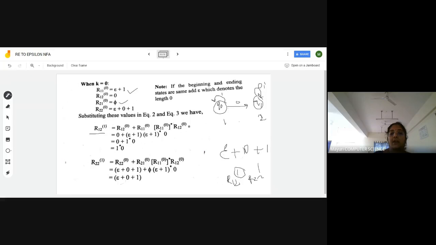Don't ask me again why this has come. It has come because of the R_ij^k formula, which was told to you in Kleene's theorem. So R_12^0. What is 1 to the power 0? Phi. Plus R_11^0, epsilon plus 1, into epsilon plus 1 the whole star, into R_21^0, which is phi. I just wanted to tell you a few terminologies here.